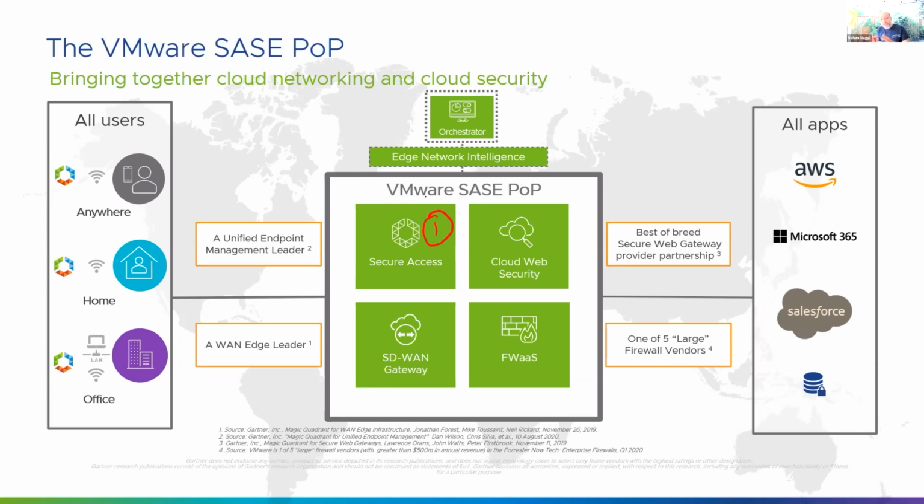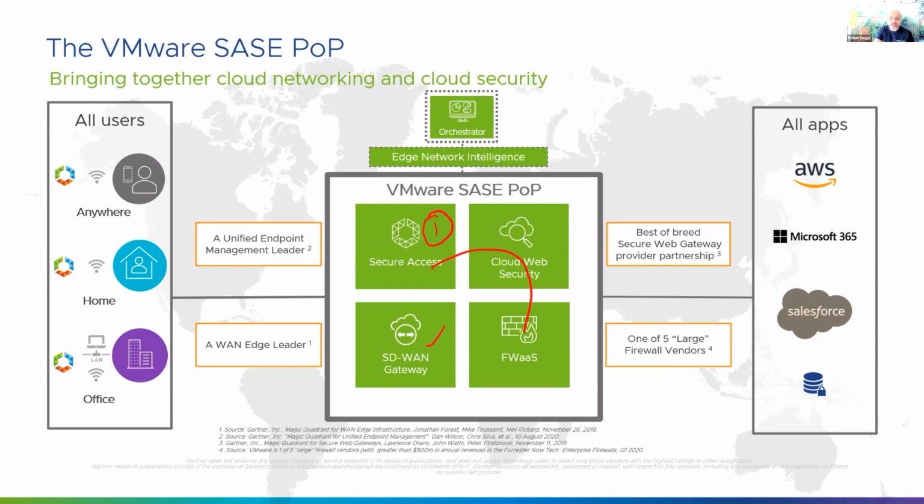With VMware SASE, you can see VMware is bringing cloud networking and security together to provide you with the benefits of an optimized network with SD-WAN and these security services.